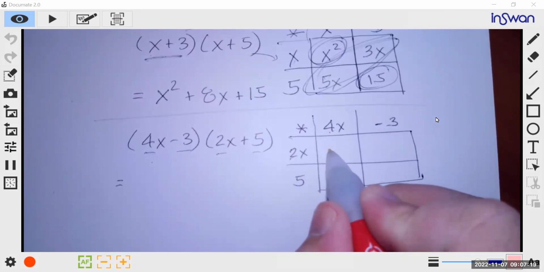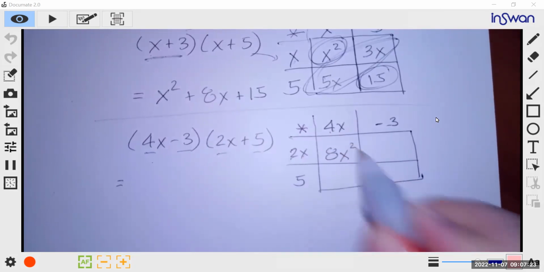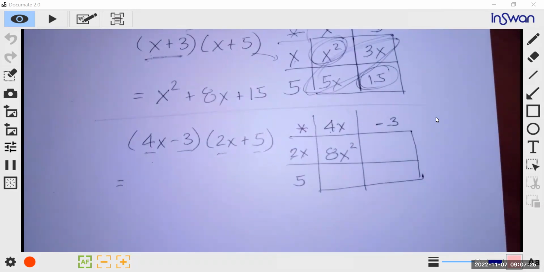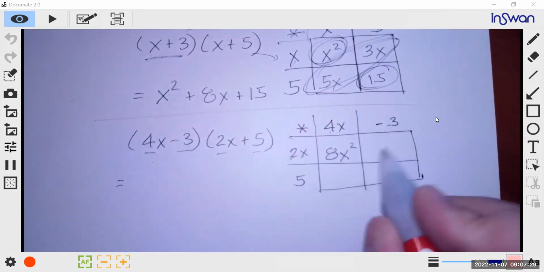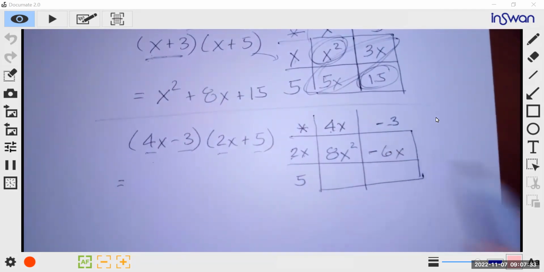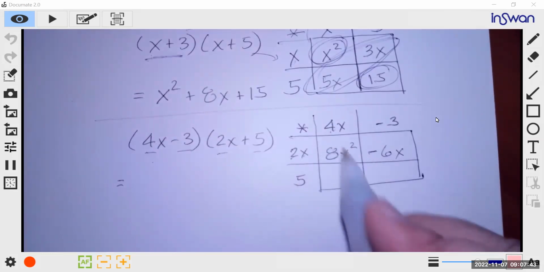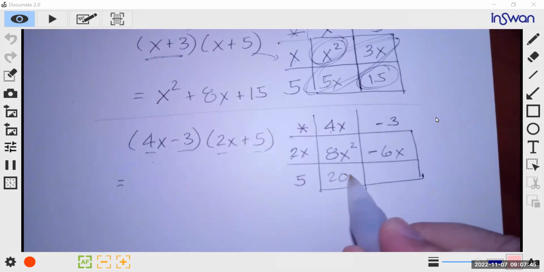Two times 4 is 8. X times x, x squared. Positive times negative is negative. 2 times 3 is 6, x. Positive times positive is positive. 4 times 5 is 20.